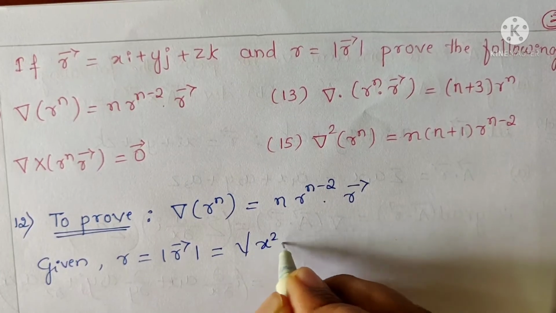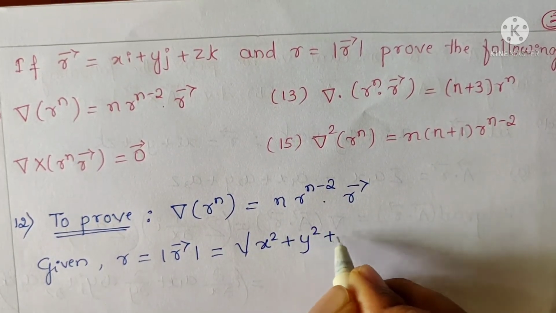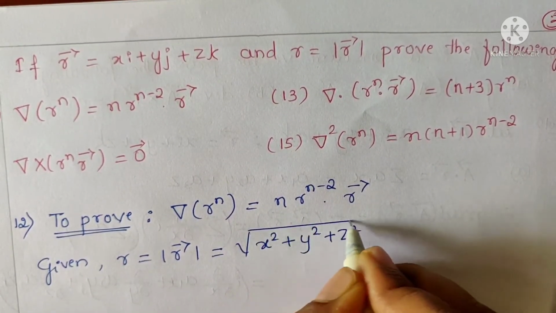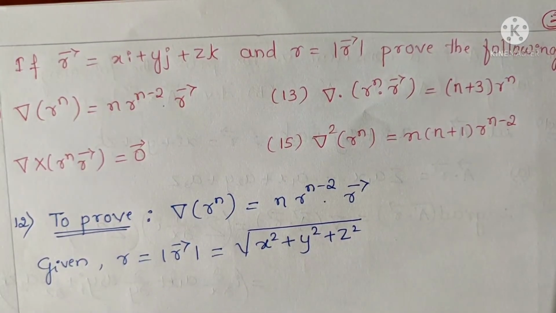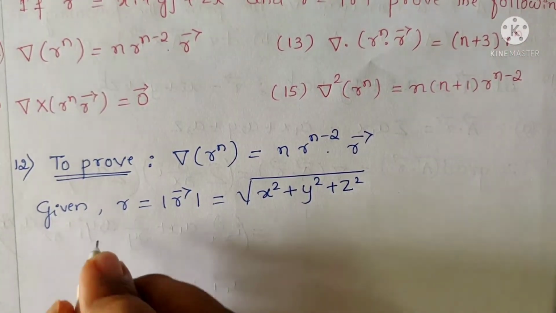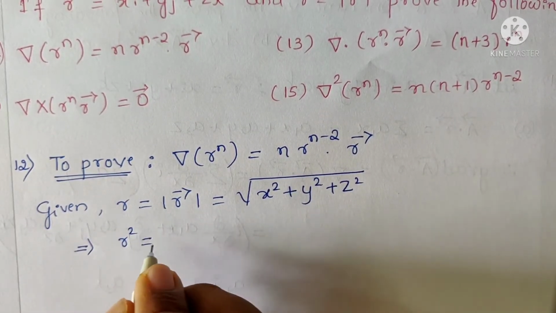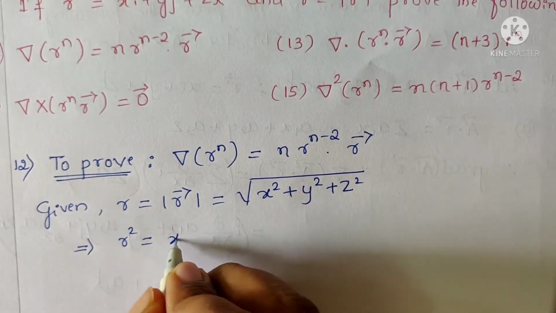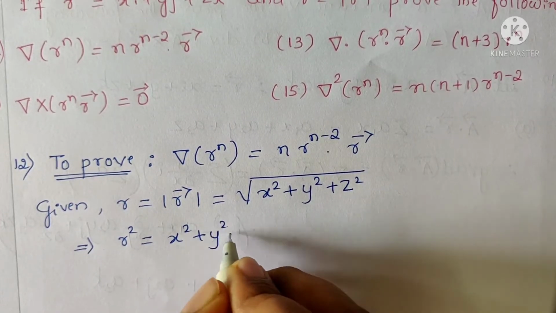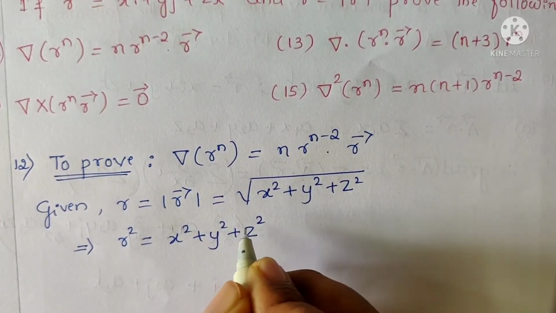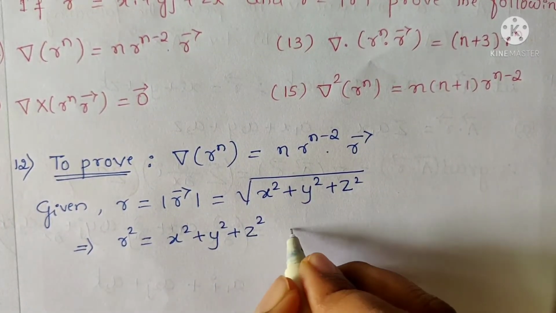So it will be magnitude of it is square root of x square plus y square plus z square. What it means? So we use this given, then r square will be what? x square plus y square plus z square.